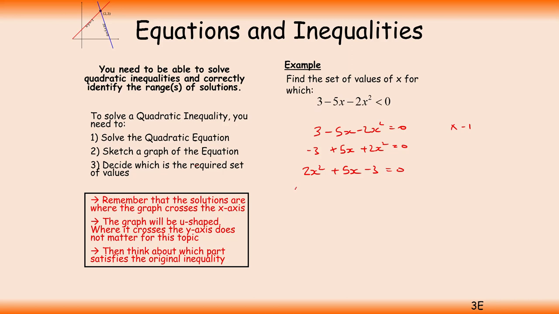Now I need to solve that and find what my x value is. Now it's going to be 2x times x. So if I have 2 and it's got factors of 1 and 2, and I've got minus 3.